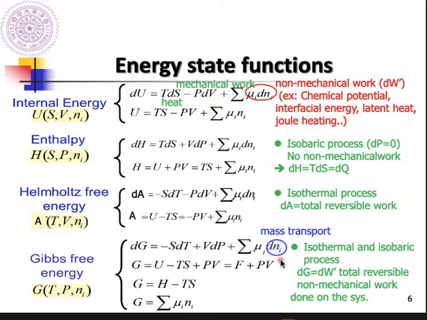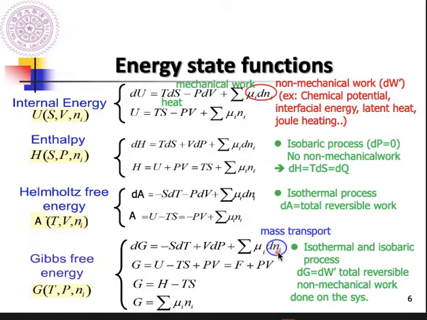It's the change of the number of atoms of species i. That means some mass transport happens in your system. So dNi is this, and mu i is the chemical potential of species i, right?